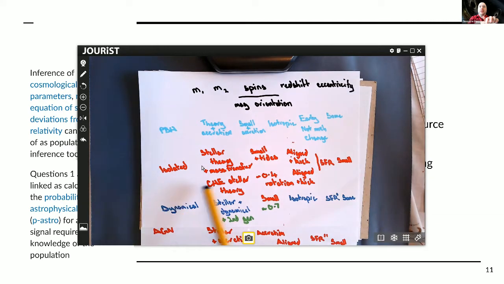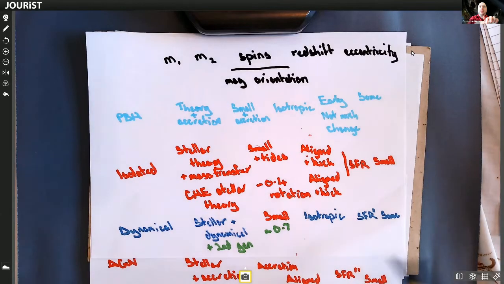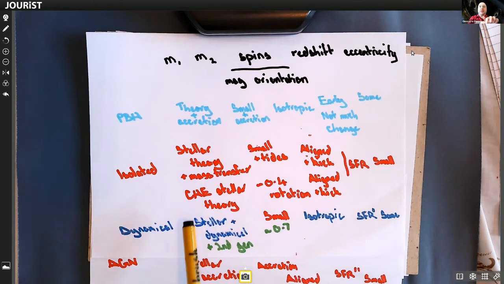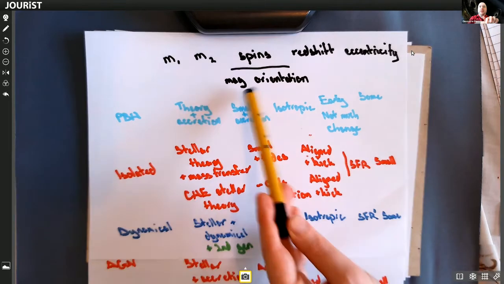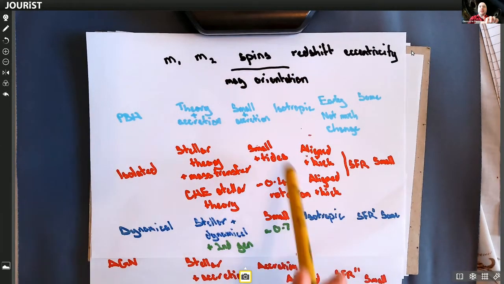We have binaries forming in what we say is isolation, but which is not actually properly in isolation because there still can be dynamical interactions in young stellar clusters. Then we have the dominantly dynamical formation in nuclear star clusters and globular clusters, where we have many interactions. We also have potentially AGN disks playing a big role. And each one of these channels should produce a different distribution of masses, spin magnitudes, orientations, redshift evolution, and eccentricity.